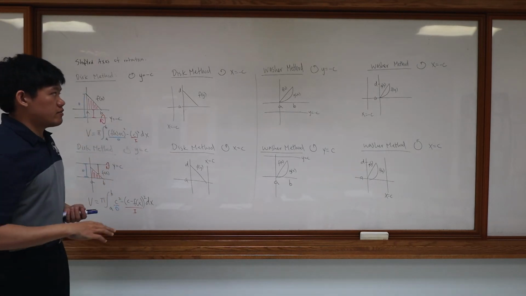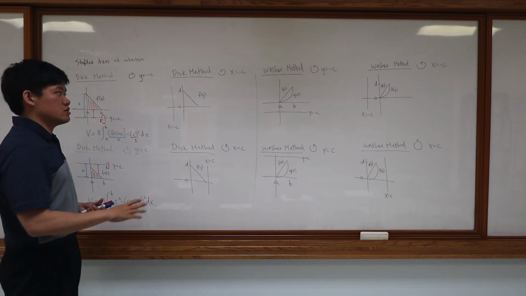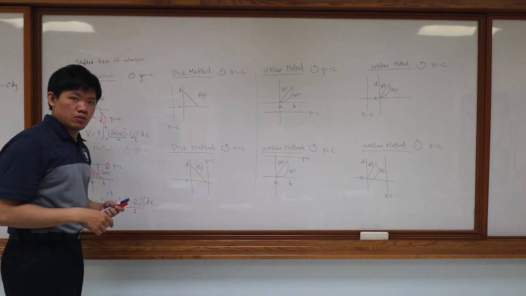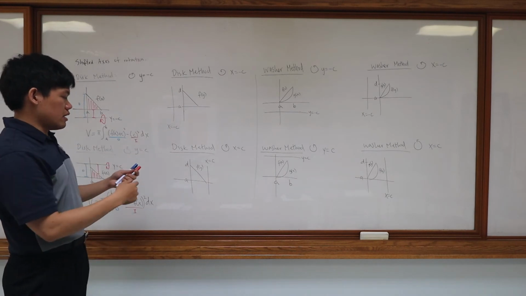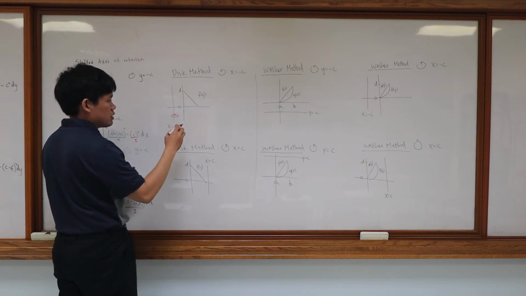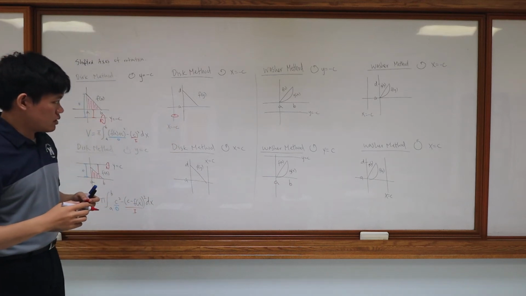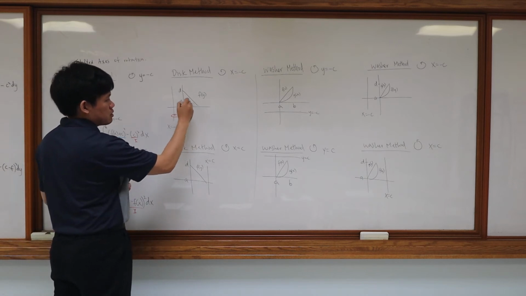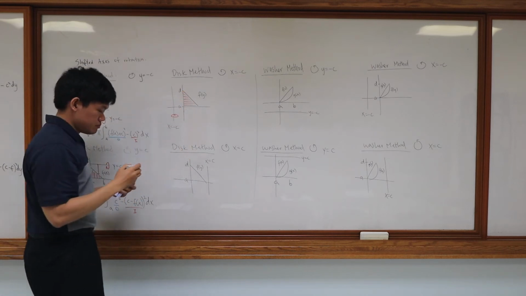Now, when the axis of rotation is vertical, that means it shifts left and right. In this first example, it's on the left side of the y-axis. Let's show the axis of rotation. Because we integrate this way, it's rotating this way, so the radius is going to be horizontal.